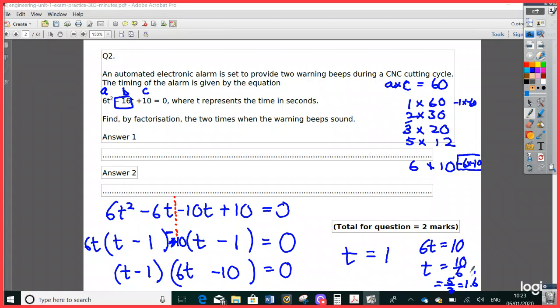So then my answer for my 2 times would be 1 second, and also 1.6 recurring seconds. Done. That's my work.